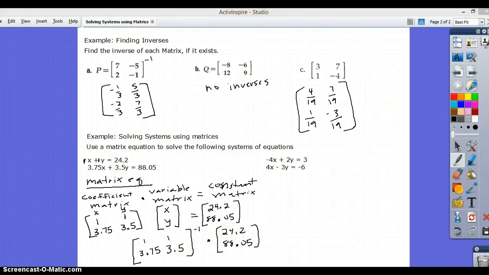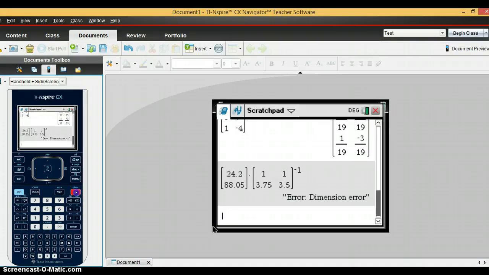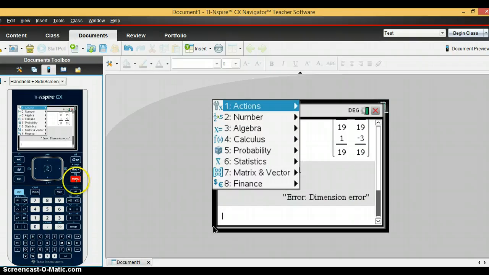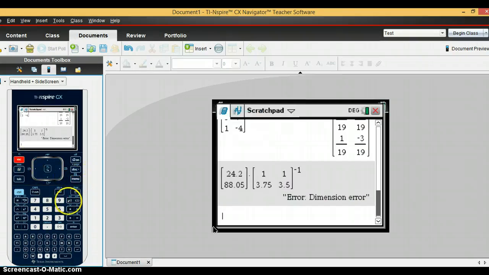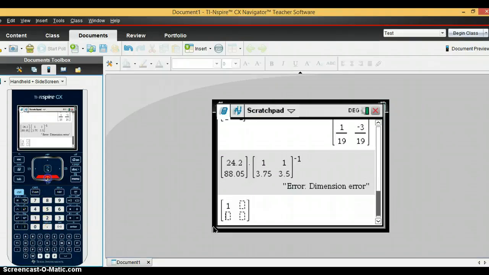Alright, so we're going to multiply those. We want our 2 by 2 matrix, which is 1, 3.75 up here, and 1, 3.5 down here.